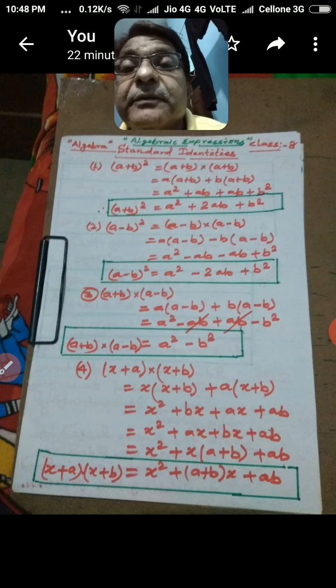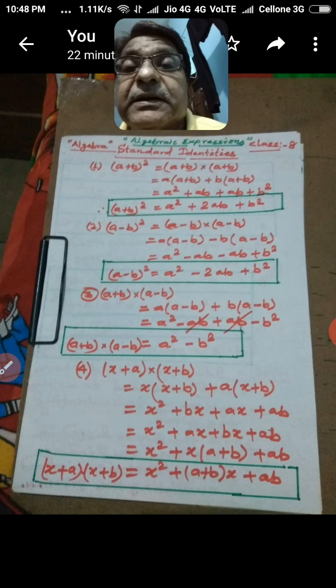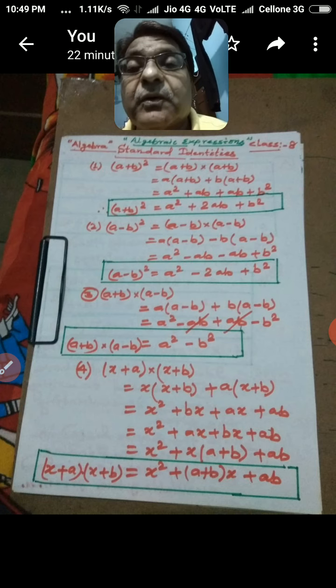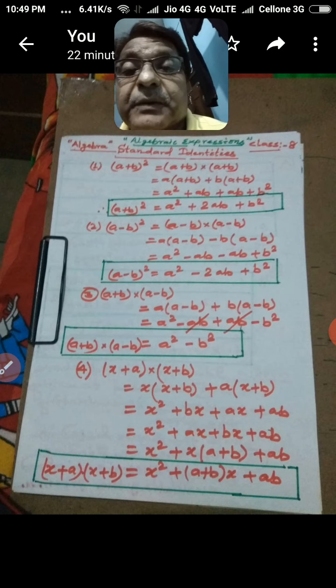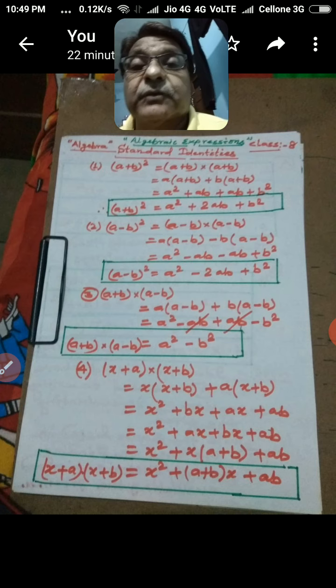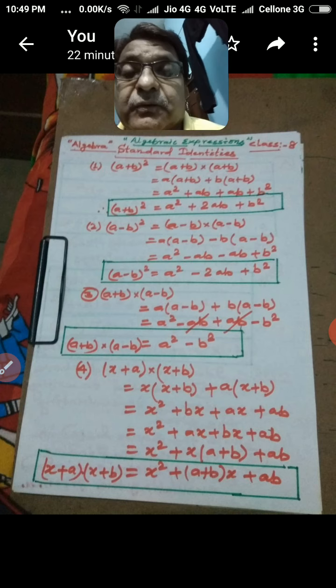Today in this video we will see some identities which are called standard identities in algebra. So there are 4 identities as per your curriculum. We will derive here a plus b when multiplied by a plus b, which is ultimately a plus b whole square.